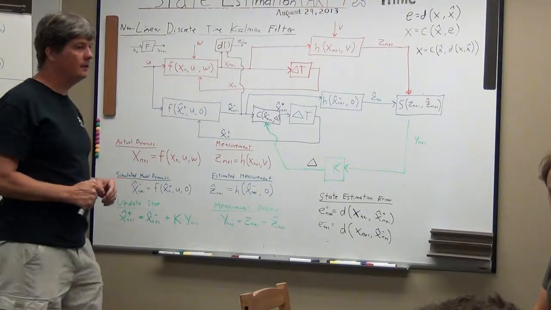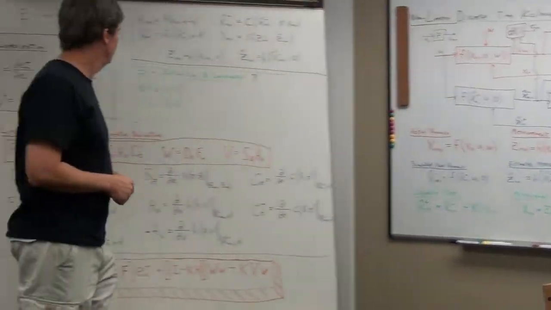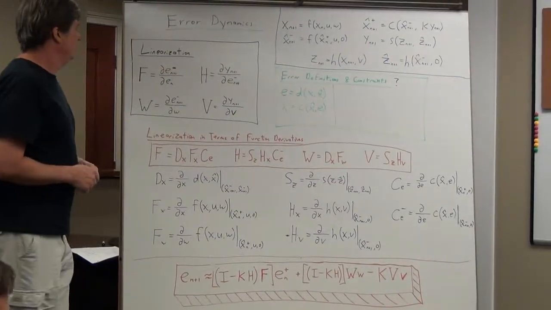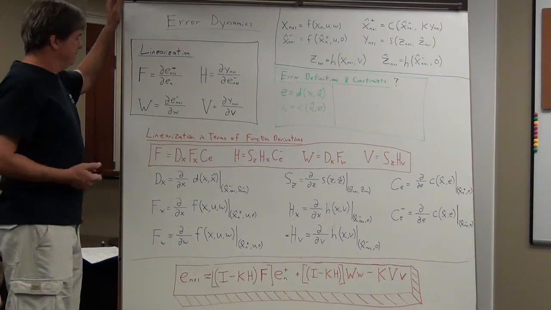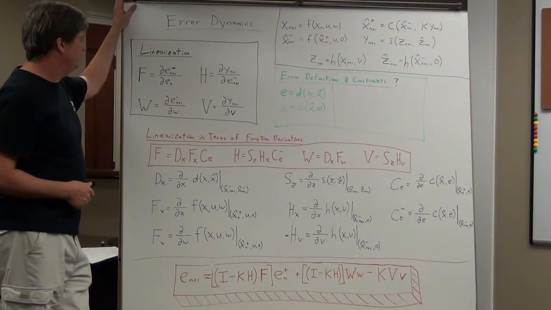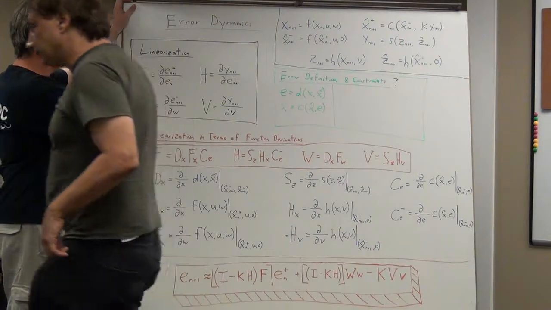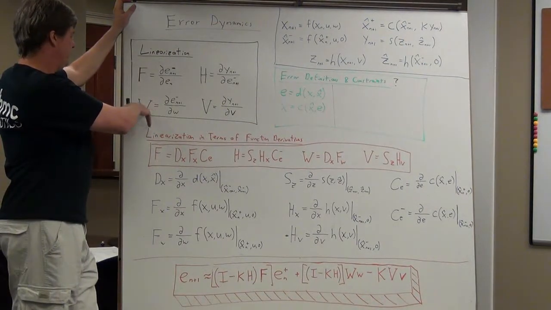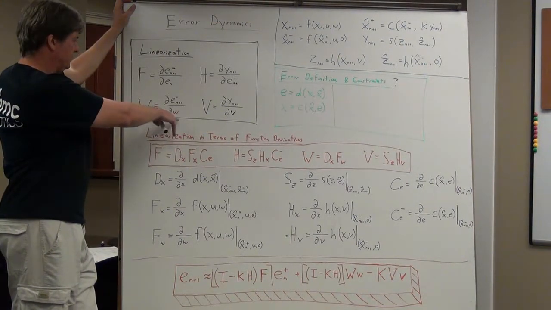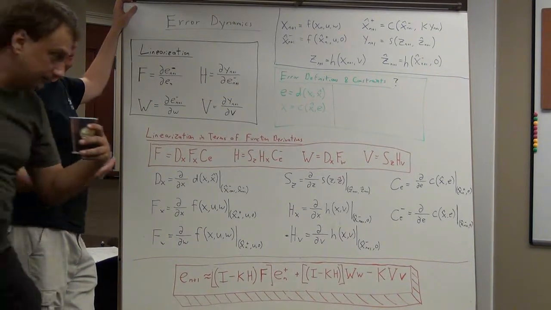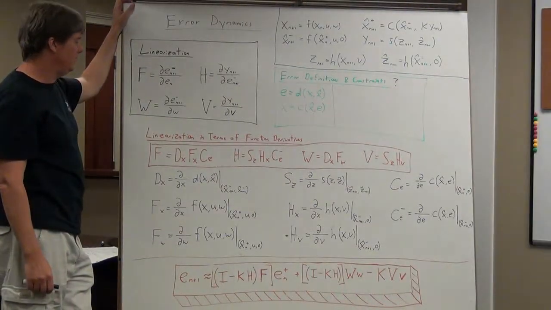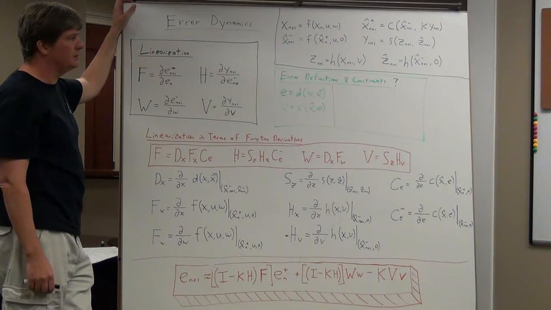Do you ever analyze F, H, W, or V? Does it give you any information? It could. For example, W will tell you how process noise fits into your errors, but it's usually pretty straightforward, just based on the dynamics.